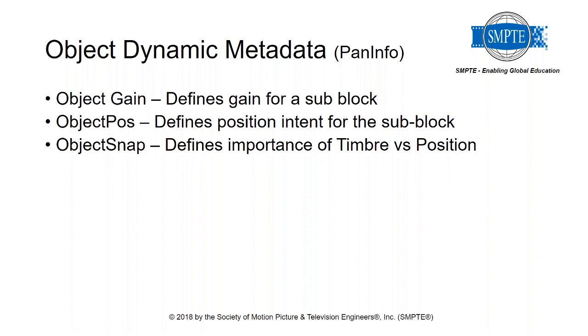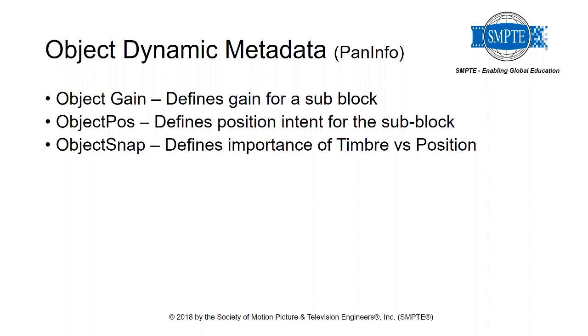Object snap can be thought of, and often is, as the intent to snap the position of an object to the nearest speaker. In the spec, it's defined as the importance of timbre versus position. Basically, if it's set to 1, that means timbre is of the highest importance, and timbre is best preserved from authoring to playback by routing that signal through a single speaker.